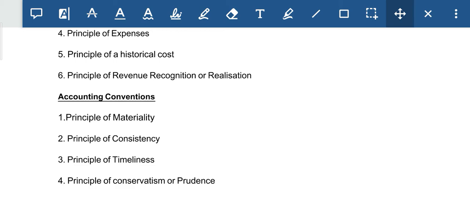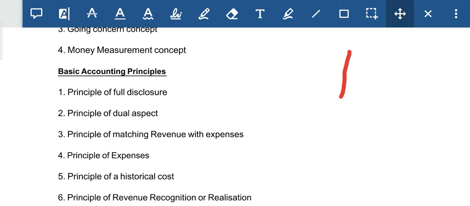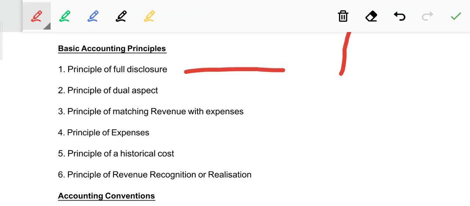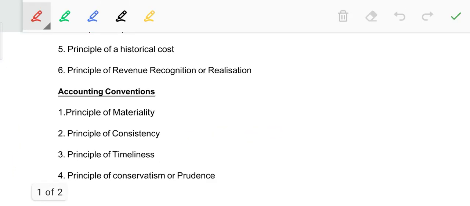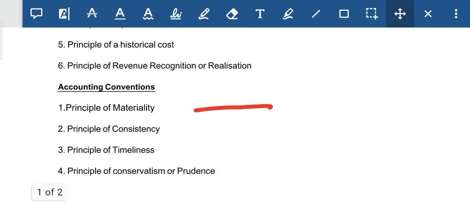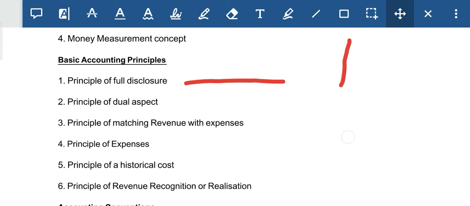Now this principle is an exception to the principle of full disclosure. How it is an exception, I'll tell you. According to full disclosure, we studied that business has to disclose each and every item very honestly, so that those parties which are interested in business must know the true position of the business.